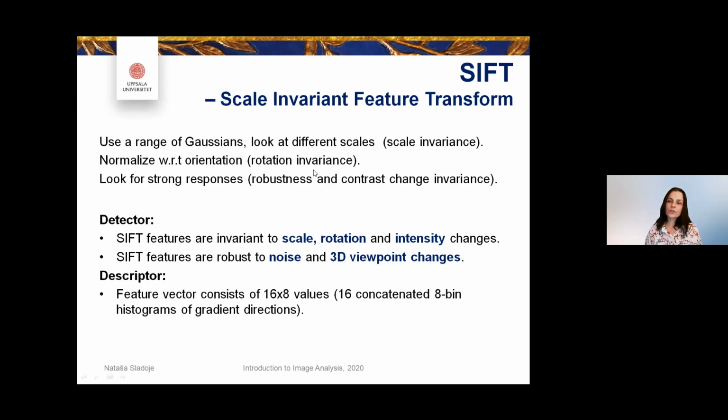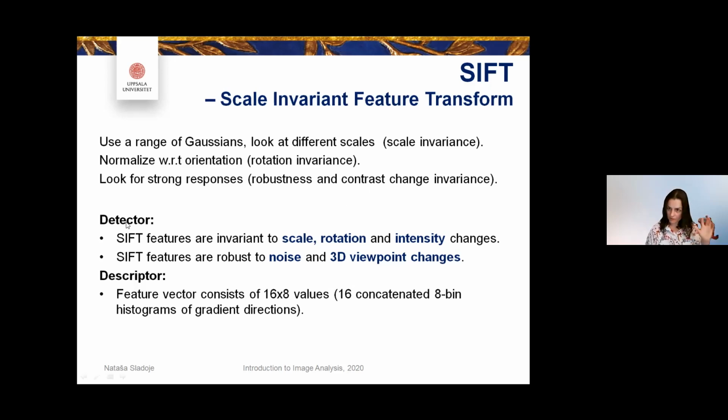SIFT is rotation invariant, and that is achieved by certain normalization with respect to the orientation of the detected points and corresponding patches or the surrounding region. By focusing on the strong responses of the built-in detectors, SIFT achieves invariance to contrast change, looking for good contrast in the detected features. It also is robust to noise.